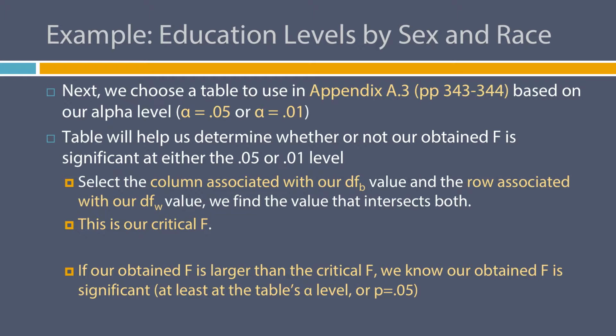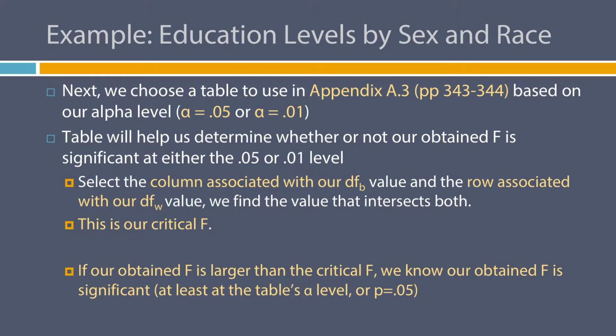So we go over to column 3, and then we go down to row 17, because that's how many degrees of freedom are within. So at column 3, row 17, our critical F value is 3.2. We say that if the F that we calculated is larger than this F in the table, we know our obtained F is significant.